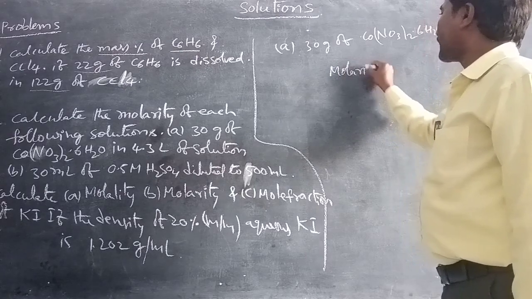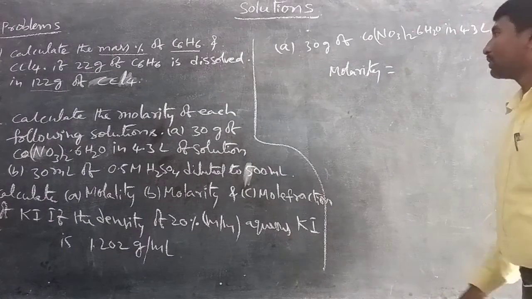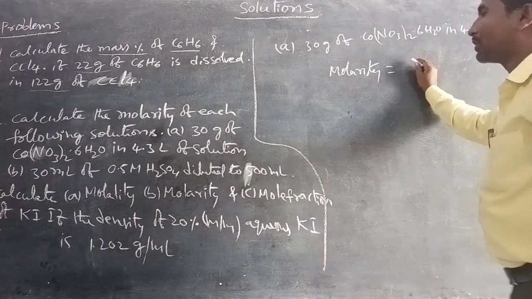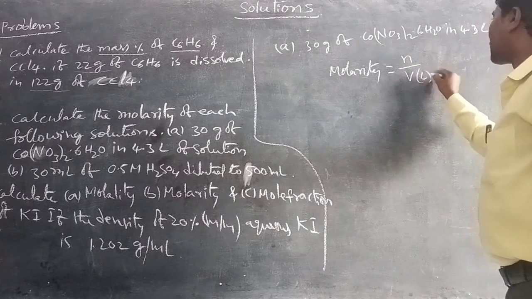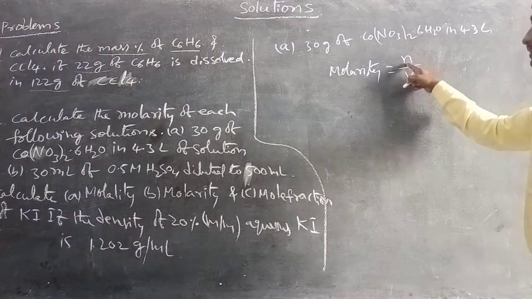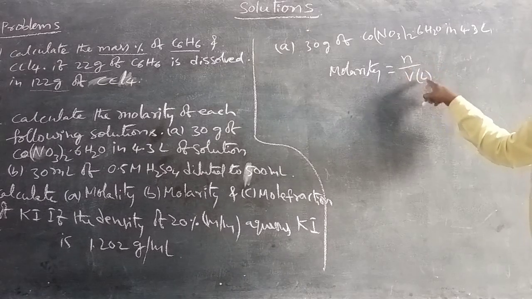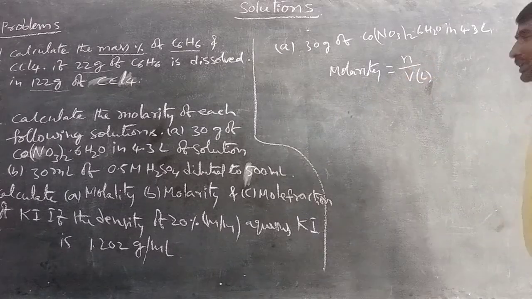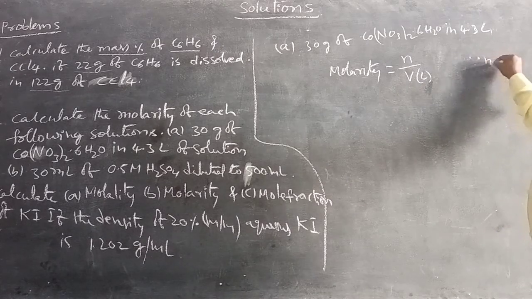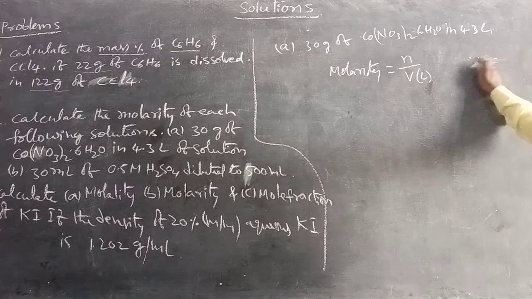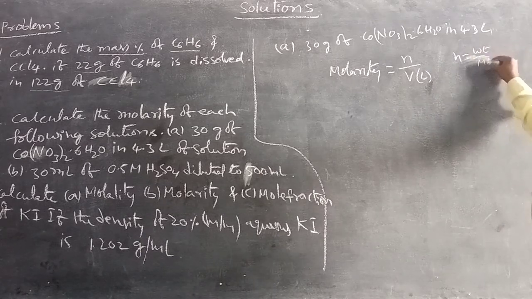Molarity equals what? It is n by V in liters, the number of moles of the solid divided by the volume of the solution in liters. So here n equals what? Weight by molecular weight.